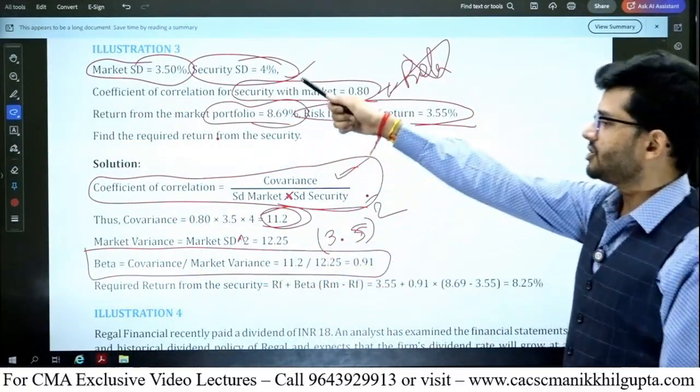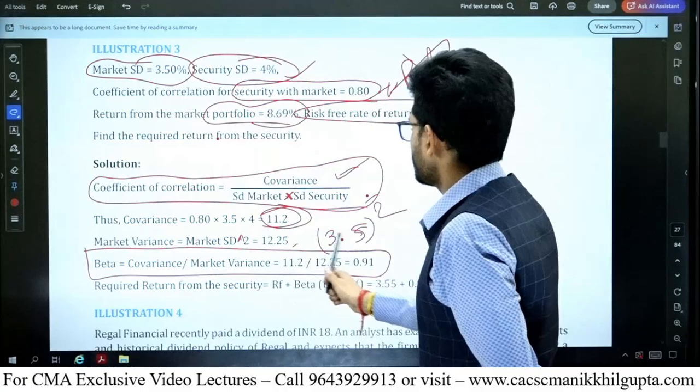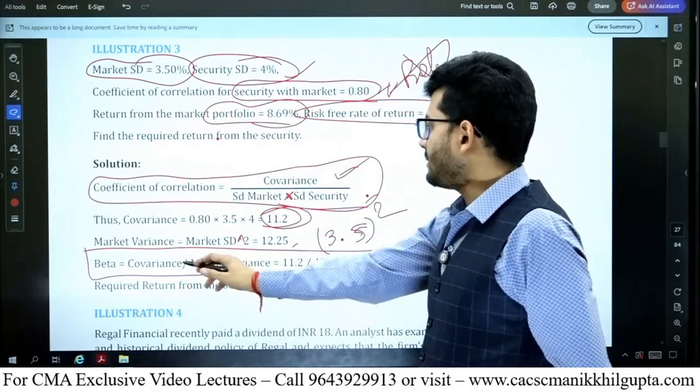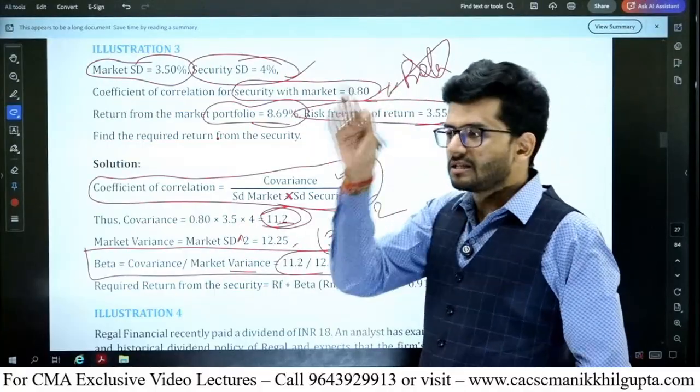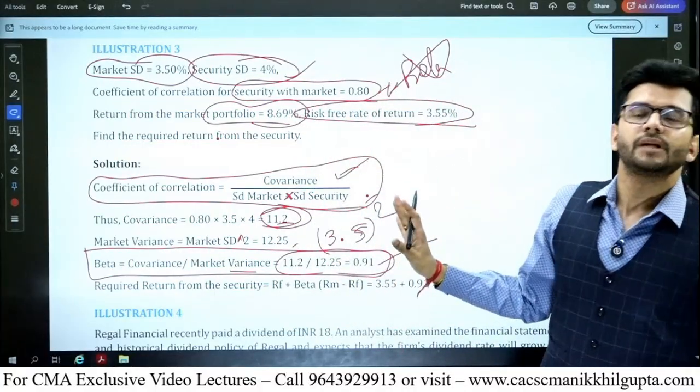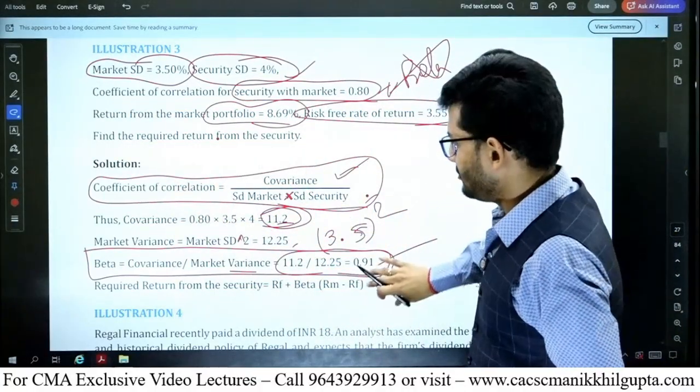So market standard deviation, 3.5 raised to the power 2, is the market variance. Then you apply the formula covariance divided by market variance. That will give you the beta. So it is just a matter of remembering the formula, that's it. Not going into the depth of the formula.